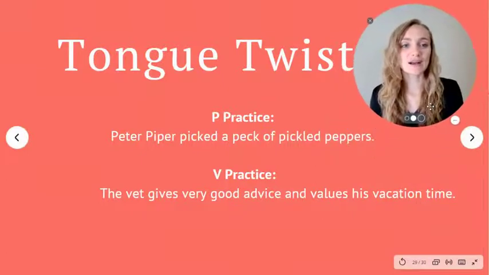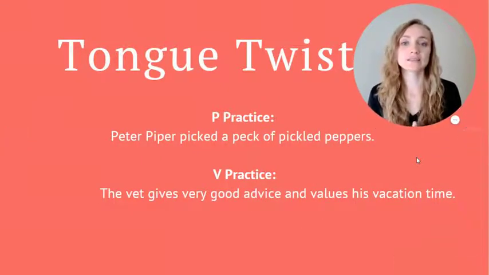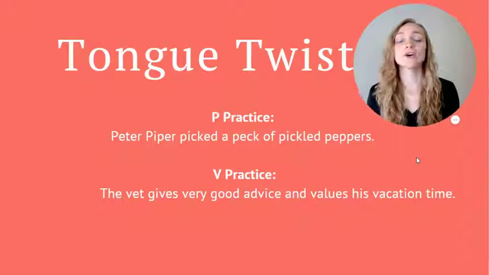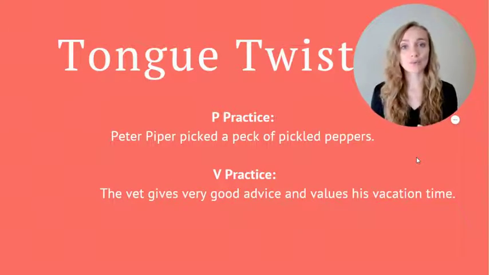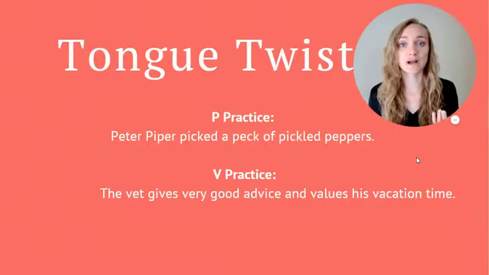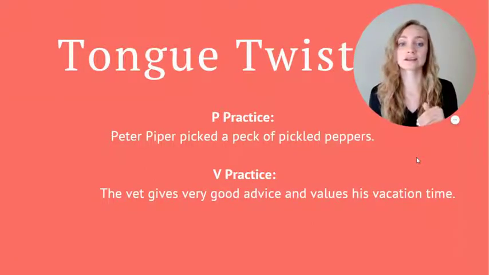And then I also have, you'll find this in your practice sheets and your PDFs, tongue twisters. So tongue twisters are a great way, once we feel we have more confidence and we want to start to challenge ourselves more with different sounds. They're such a great way to practice. So here I have, specifically, the sounds that are not the same as Arabic and that we want to practice with, like the P and the V sounds.